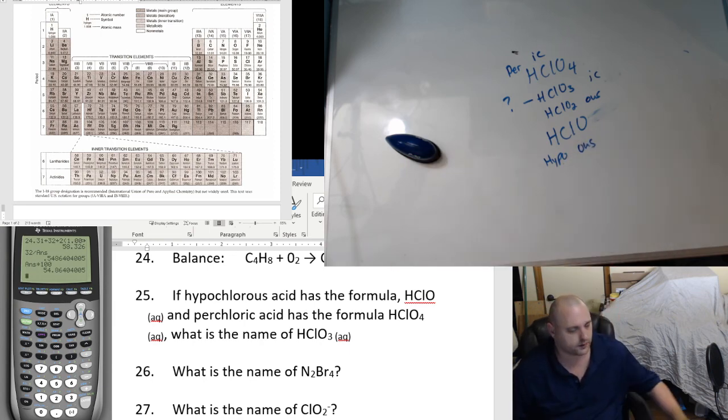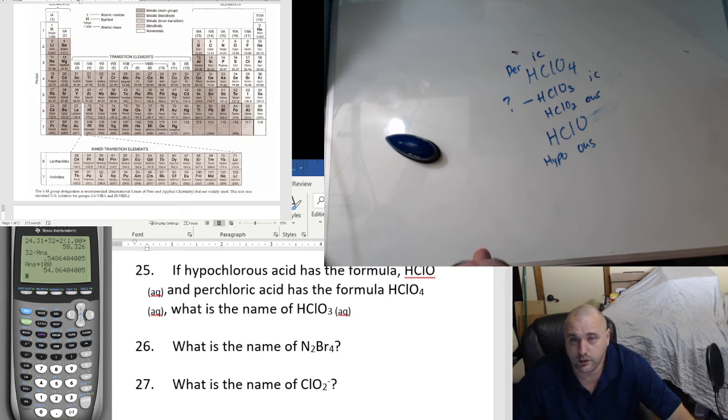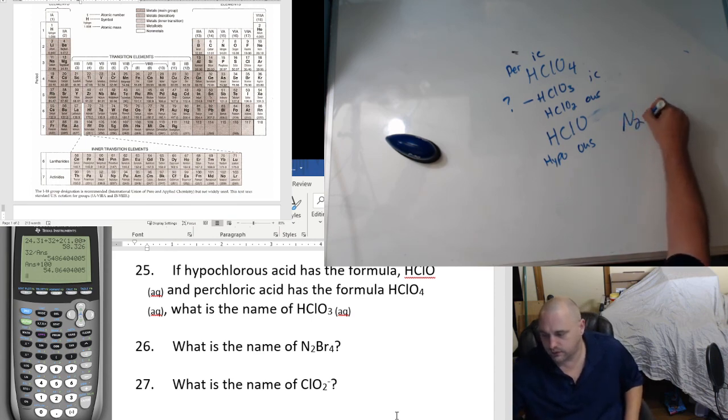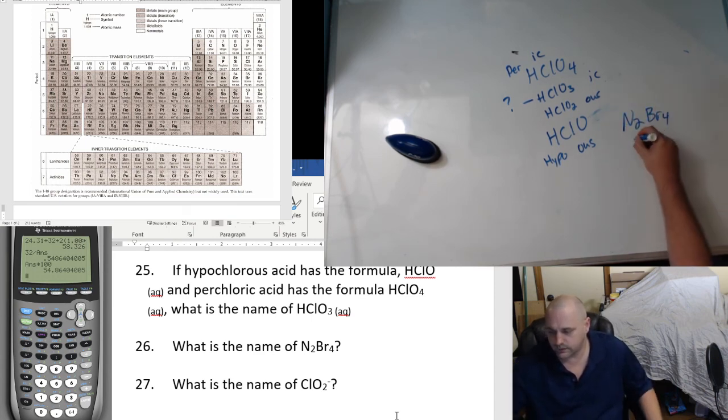So chloric acid. Okay, what is the name of N2Br4? Now wait a minute, those are nonmetals, so I don't cross the staircase, and so I'm just going to use my prefixes. This is di, and that is tetra.